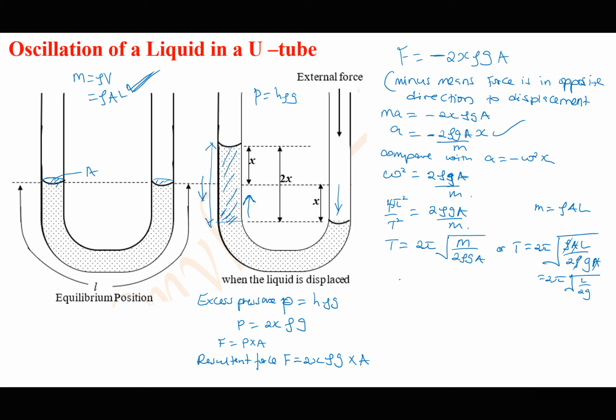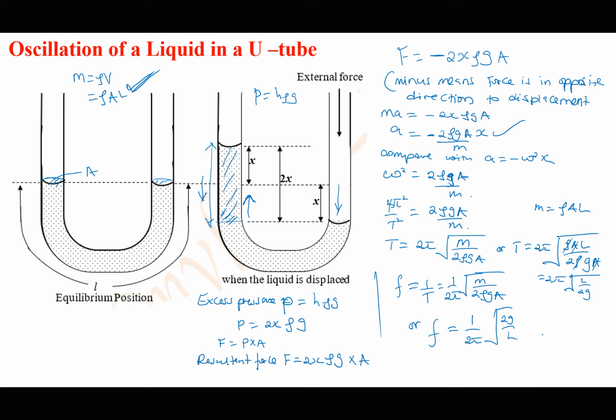So then frequency is equal to 1 over period. So it will be 1 divided by 2 pi square root of m divided by 2 rho g a, or frequency could be equal to 1 over 2 pi square root of 2g divided by L. Whichever could be an expression for frequency.